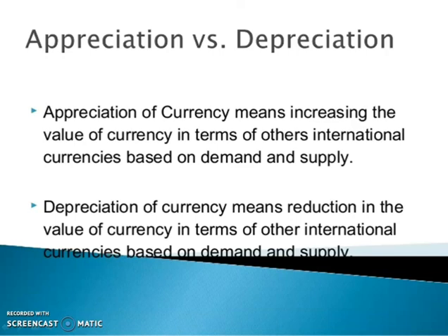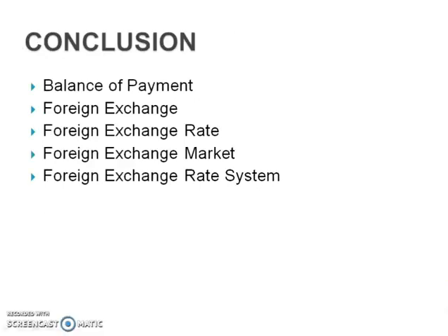With this session, our balance of payment chapter gets finished. In this chapter, we have discussed what is balance of payment, what is foreign exchange, foreign exchange rate, foreign exchange market, and also the foreign exchange rate system. There are three types of foreign exchange rate system: fixed exchange rate system, flexible exchange rate system, and managed floating rate system.